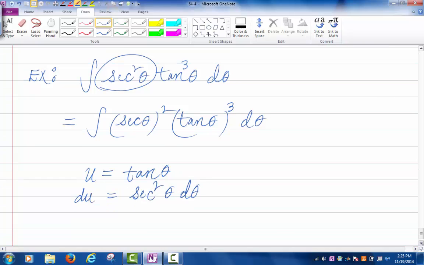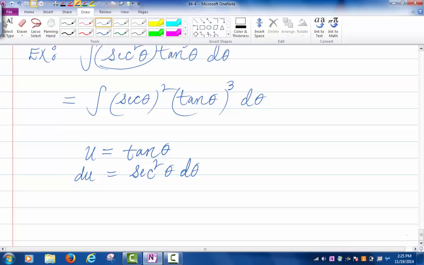And if we make the substitution now, we get what? Well, let me rewrite this first. I get tangent of theta cubed times secant squared of theta d theta.